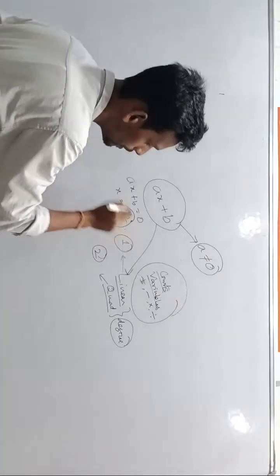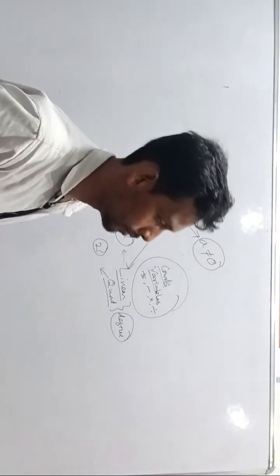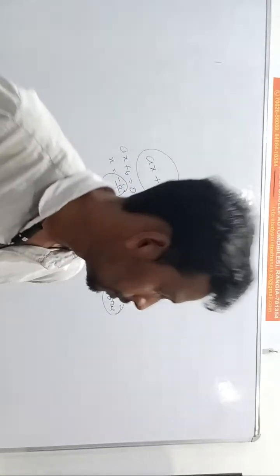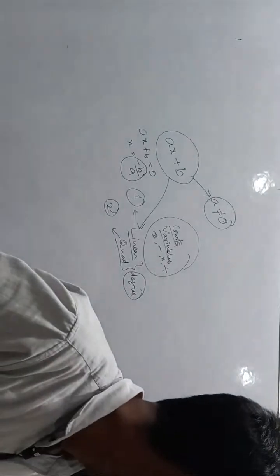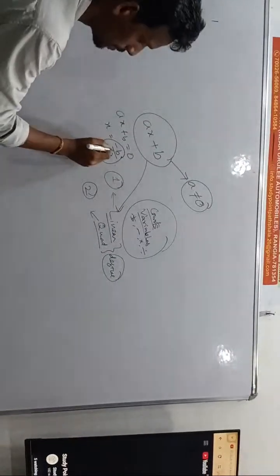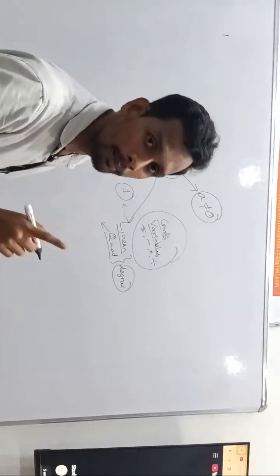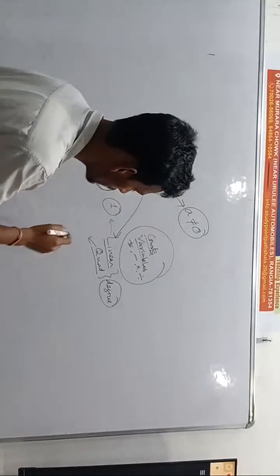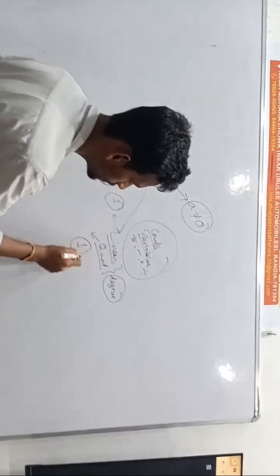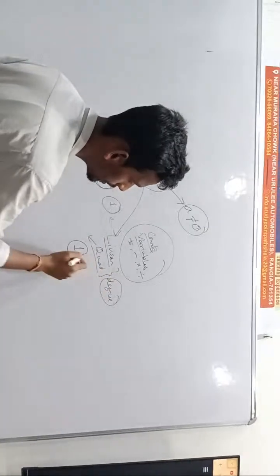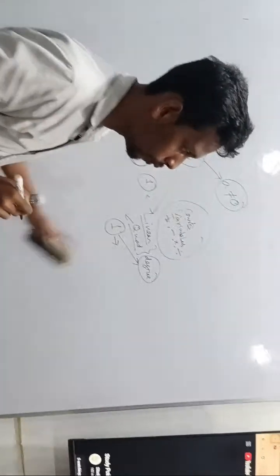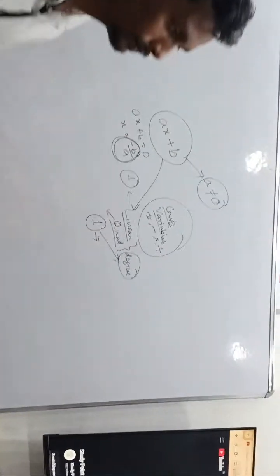This minus b by a is the zero of the polynomial. Clear? Now, how many zeros are there for a linear polynomial? For a linear polynomial, a maximum of 1 zero is there, because the degree is 1. Clear?